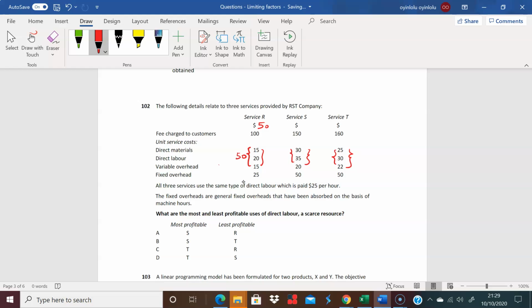Here we have 50 plus 35 is 85, so the contribution here is 65, because that's 150 minus 85. And then I'm going to use a calculator here: 25 plus 30 plus 22 is 77, and therefore contribution is 83.